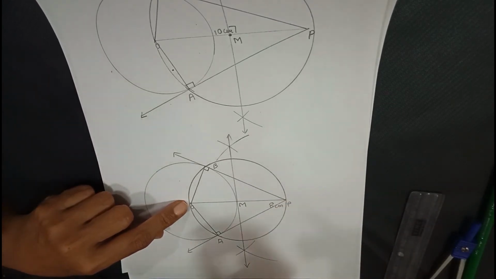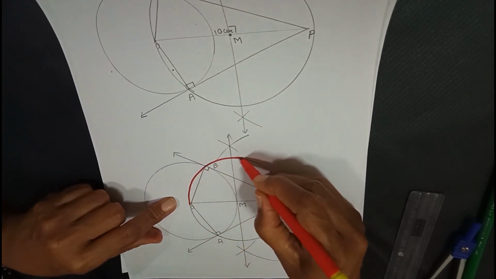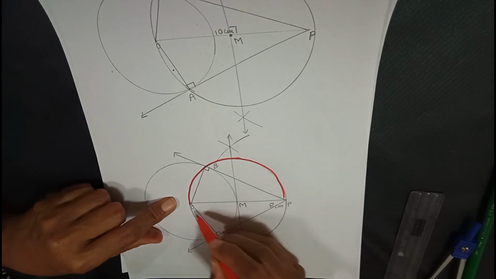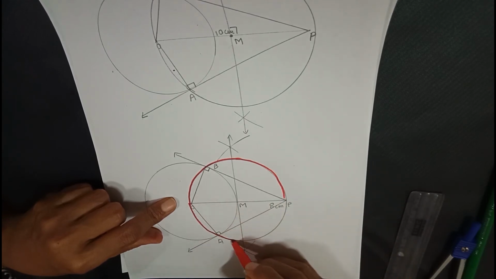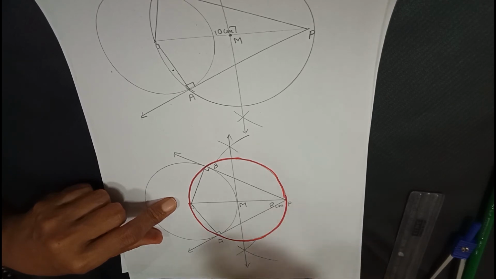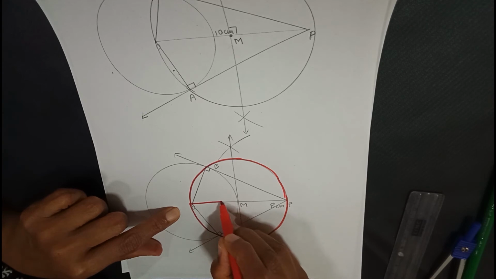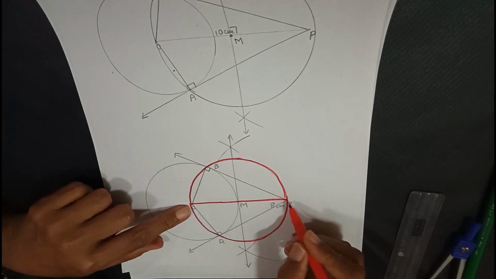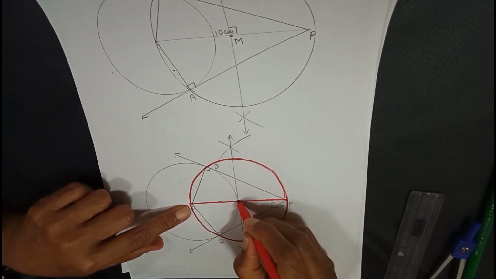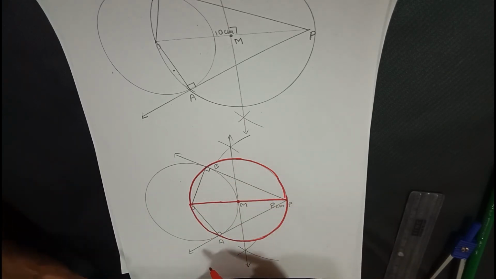Now let us say, I'm just darkening this circle so that we understand what we did. We were not interested in the full circle, so we just cut 2 arcs. But to explain the principle, I'm making this darker. Now you can see the distance that we had, OP, was the diameter. And when we bisected the diameter to get the point M, M has become the center of this circle, right?